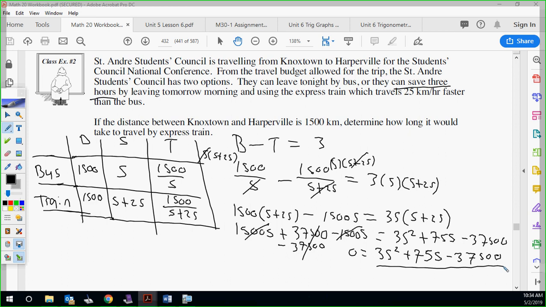Like Chris said, if you pull a 3 out, it gets a little bit nicer. It gets to S squared plus 25S minus 12,500, and that factors to S plus 125 and S minus 100.